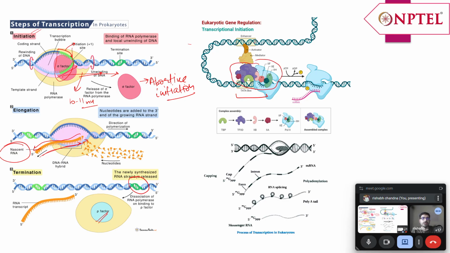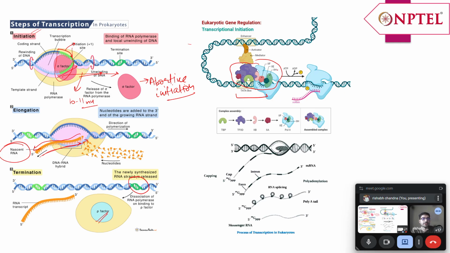In prokaryotes we have only the sigma factor that helps in binding of the RNA polymerase, but in eukaryotic transcription there are multiple factors involved in the binding of the RNA polymerase to the DNA.